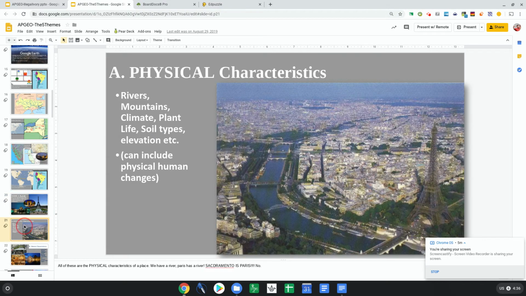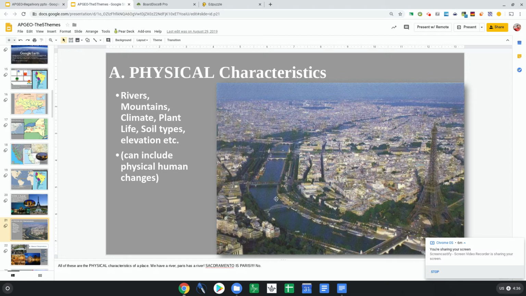We split place into two different categories. The first is physical characteristics that can make a place feel different. Rivers make a place feel different. Climate makes a place feel different. The soil makes a place feel and smell and be unique to somewhere else. But this can also include man-made changes. For example, some of our rivers in Sacramento are man-made, and it gives us a unique feel.